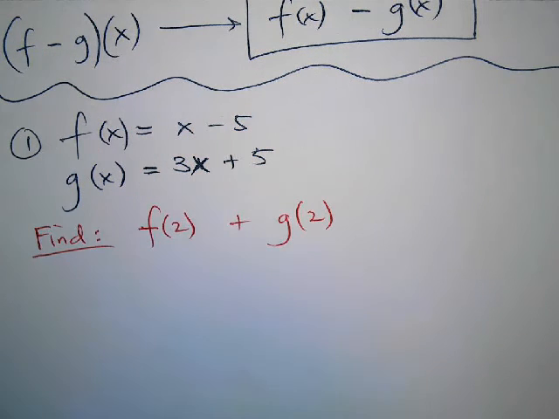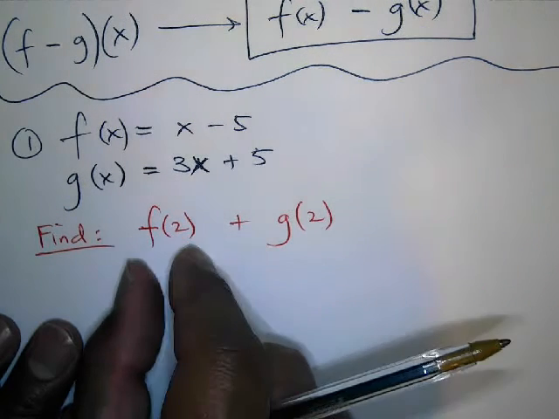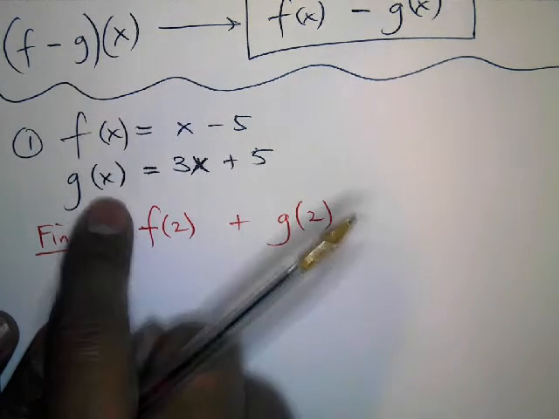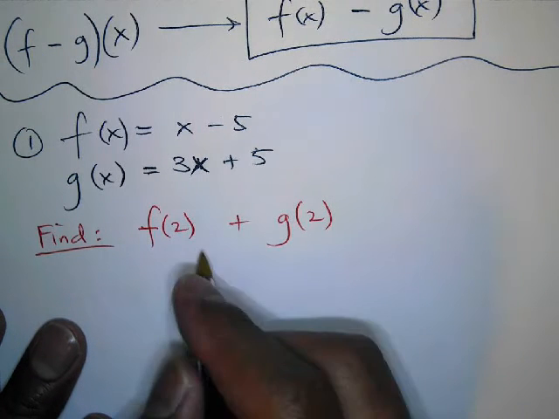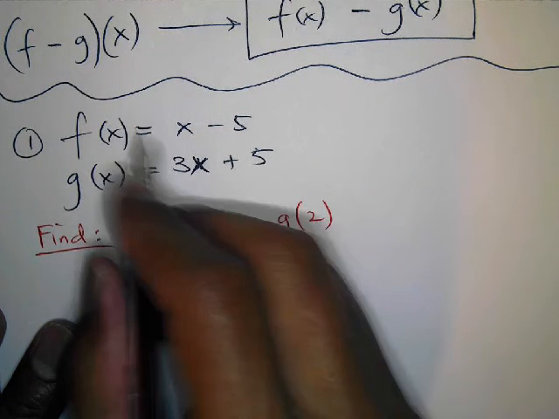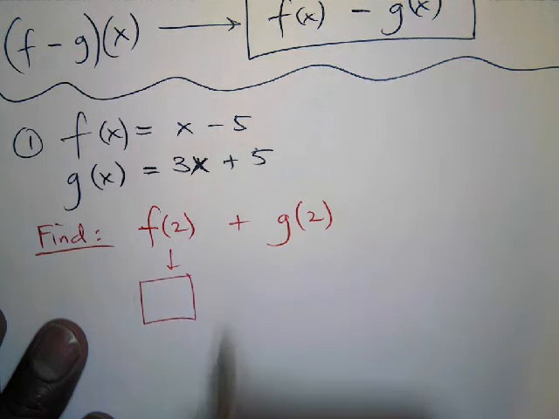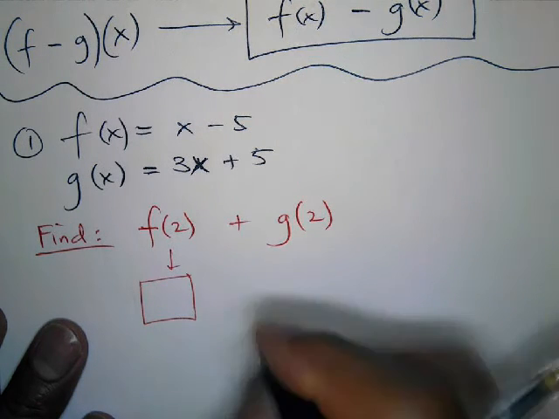You guys remember that? This is the one where I have to put the 2 into the f function, and I have to put the 2 into the g function, and then I get a number here, right? I don't know what this f of 2 number is going to be, but I'm going to get that number and keep it there, and I'm going to add it to what?